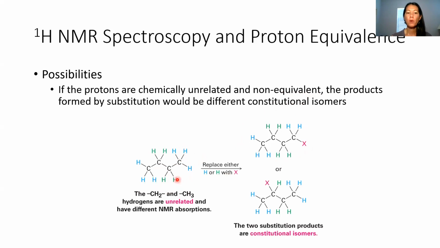But if I replace one of these methylene groups, these CH2s, with an X or chlorine, I get 2-chlorobutane. These are two different constitutional isomers. These are non-equivalent. The H's are in different environments, so they will have different proton NMR absorptions.